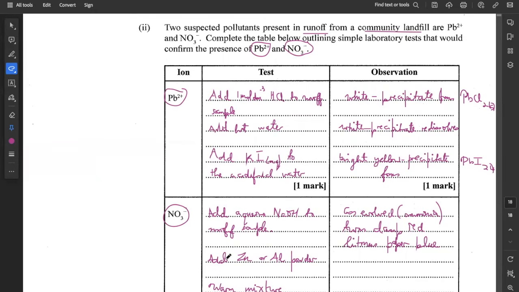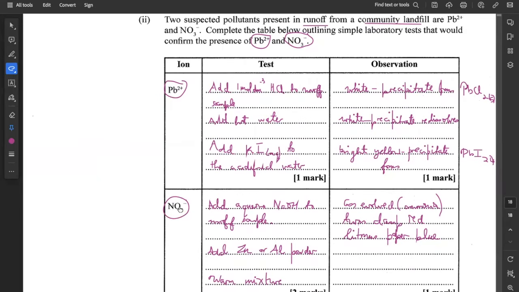You could also use concentrated sulfuric acid, add a small piece of copper, and in that case you'd get nitrogen dioxide, a brown gas, evolved, and you know that you have nitrate. So that's one other way that you could have approached this. But just be sure that you write out the test in great detail and the observation that you would expect, and you'll be good for these marks here, okay?